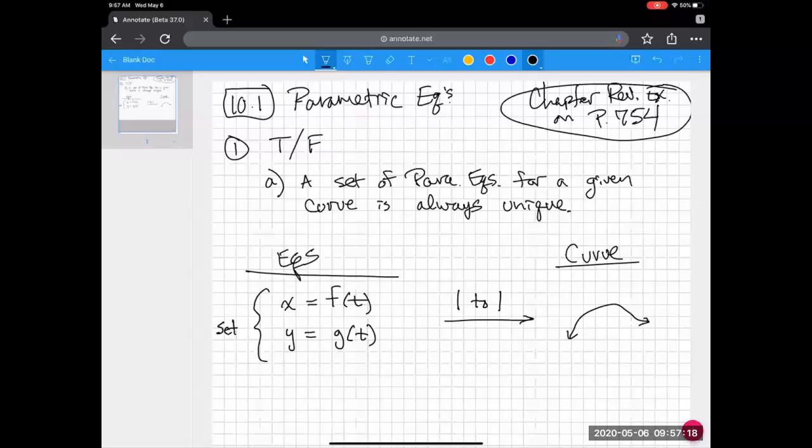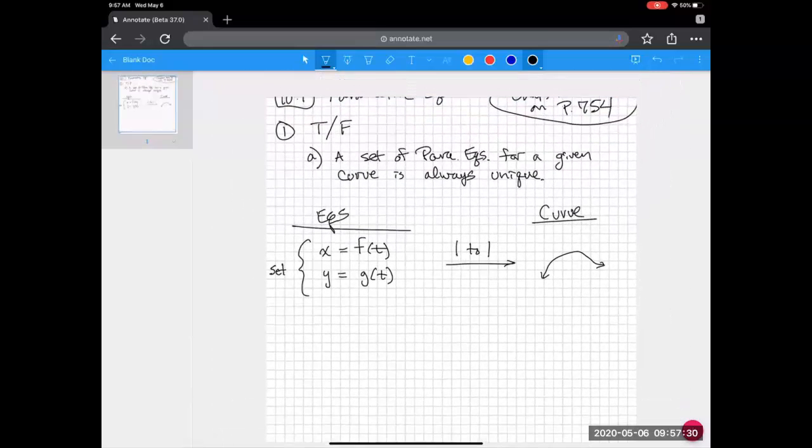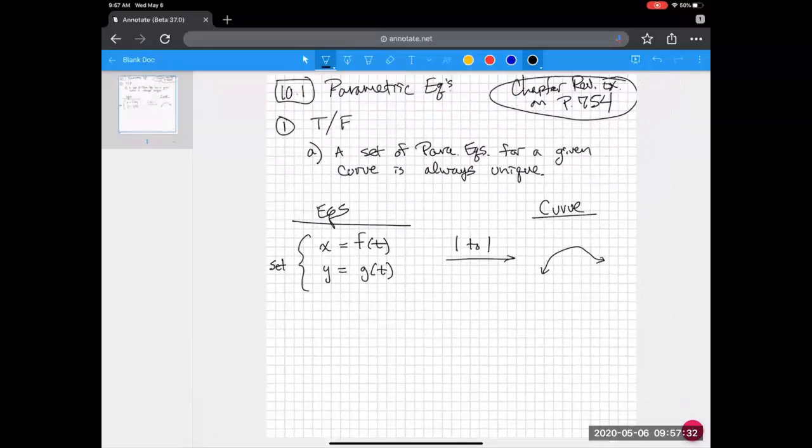So if you doubled the rate for both of them, you would still generate the same curve. It's just that it would correlate to a smaller value of t. I guess that's what I'm. Yes, I think that's a good description. I think that's Tim. Yeah.